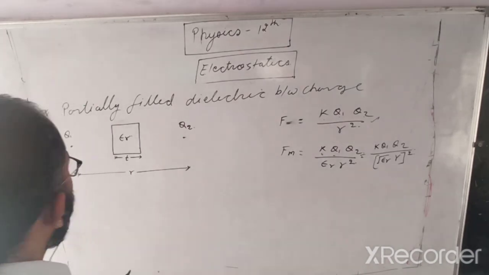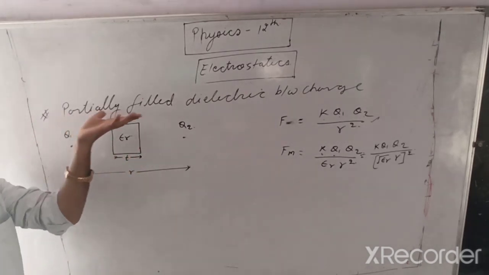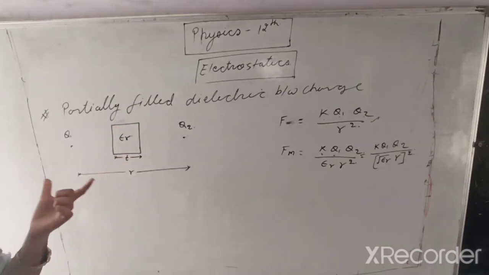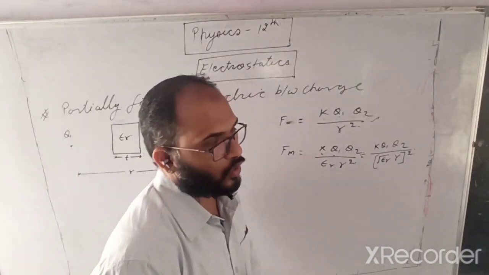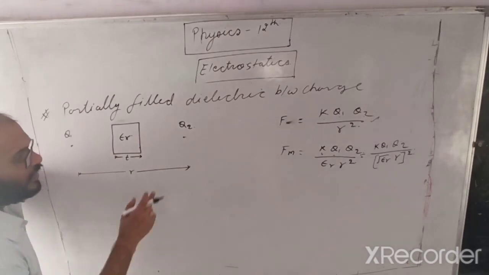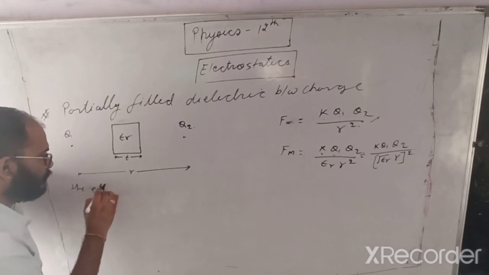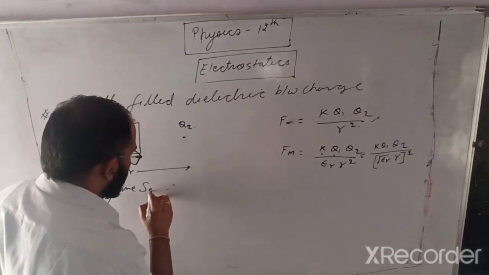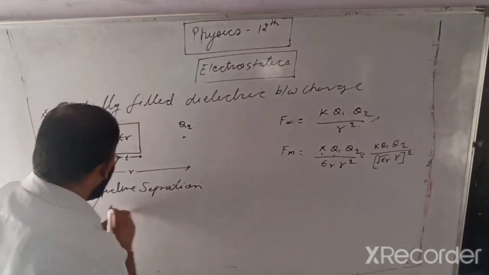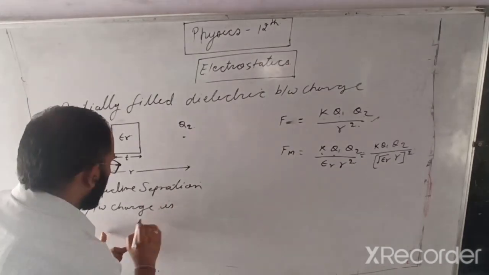Now for the force between the charges, if we partially fill a dielectric slab of thickness T and dielectric constant epsilon r, then the effective separation between the charges is R dash.